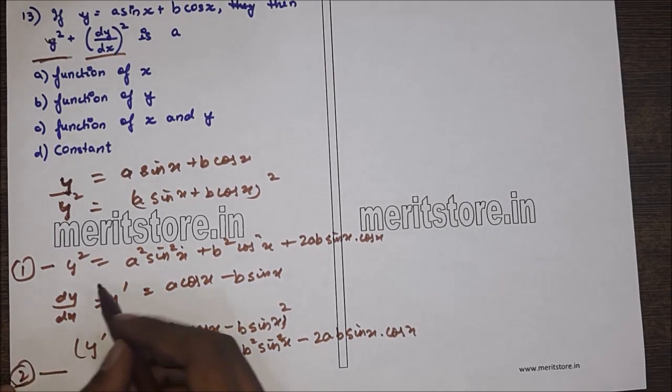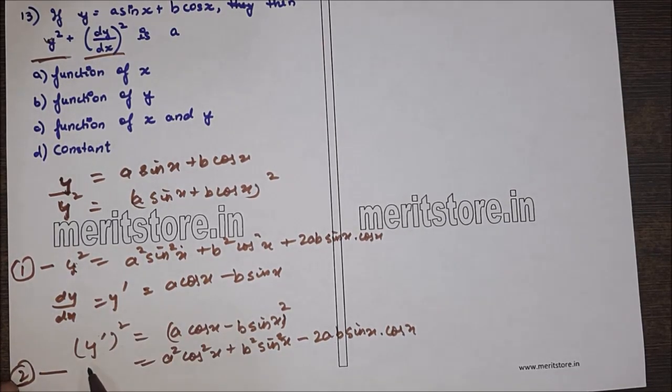Now we are supposed to find the value of y square plus y dash square.